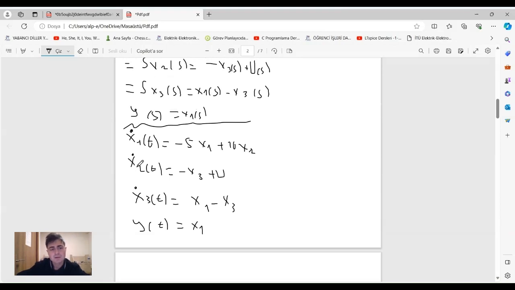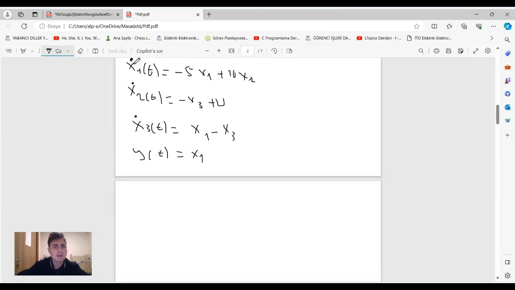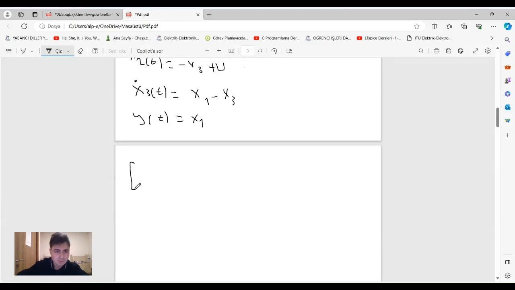And then we only do the matrix form. We already know that. That's why we must do this: x1, x2, and x3. Okay, let's do it.